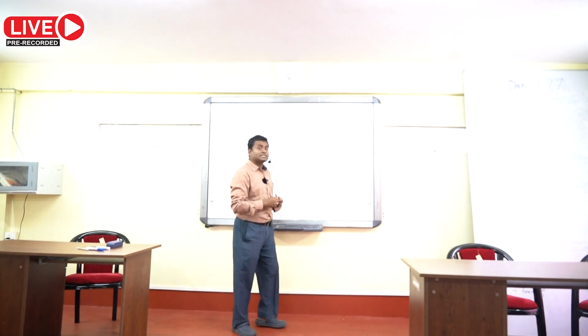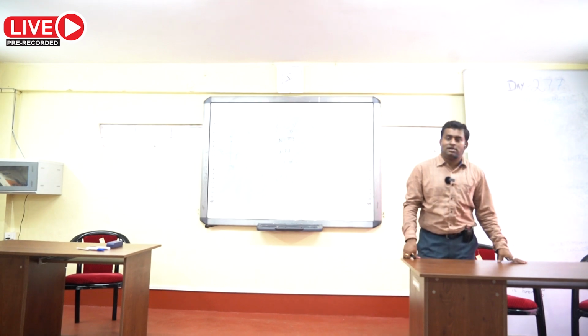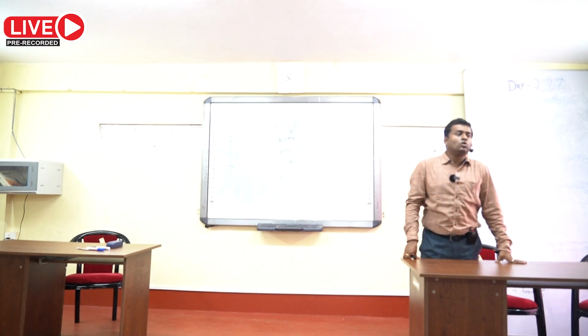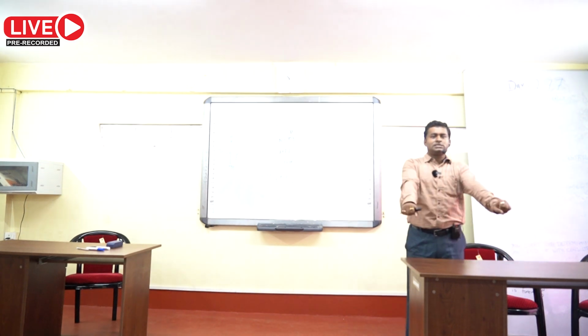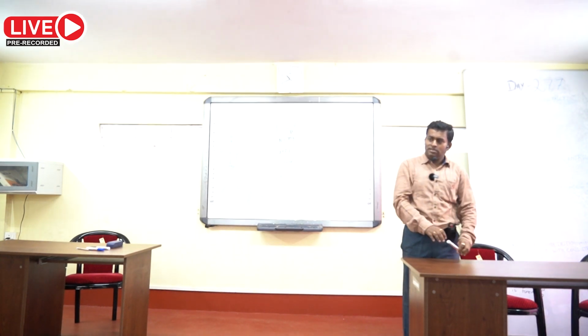So this is the maximum velocity with which the cyclist can negotiate a turn, if the road is horizontal and the cyclist, when passing over the road, keeps his cycle horizontal. Clear?